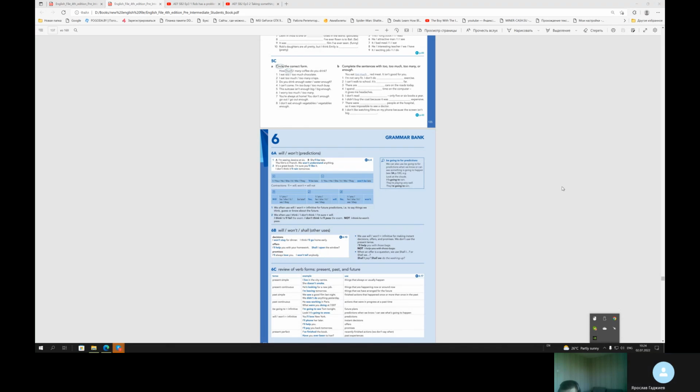It will be a little bit more difficult than the previous exercise. Read the example, Yaroslav. Point B in section 5C. Complete sentences with too much, too many, or enough. I'm not very fit. I don't do enough exercise.